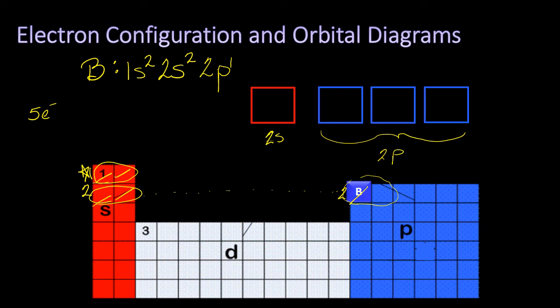Is anybody wondering why I ignored the 1s? Well, there's a good reason for it. Let me give you a couple vocab words. We have what's called core electrons, and core electrons we can ignore. I'll get into those reasons later. These guys are called valence electrons, and these are the ones that do all the chemistry games.